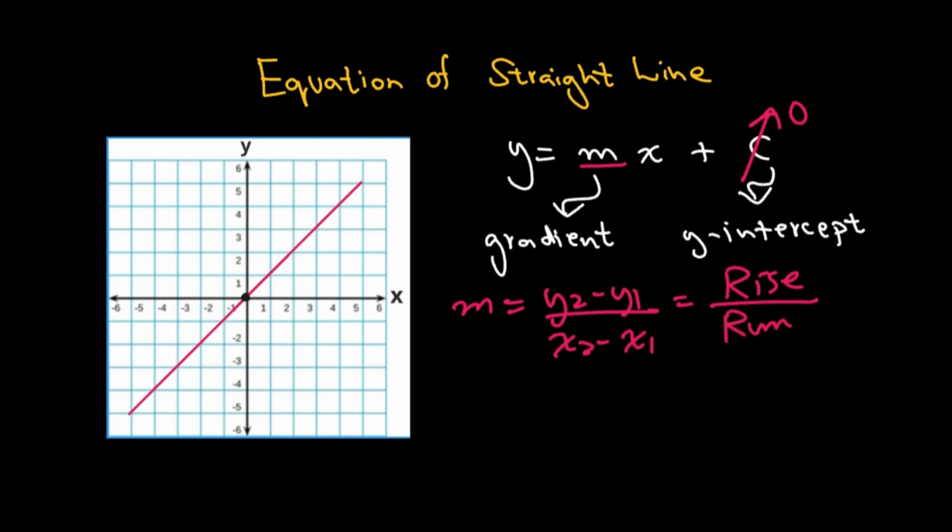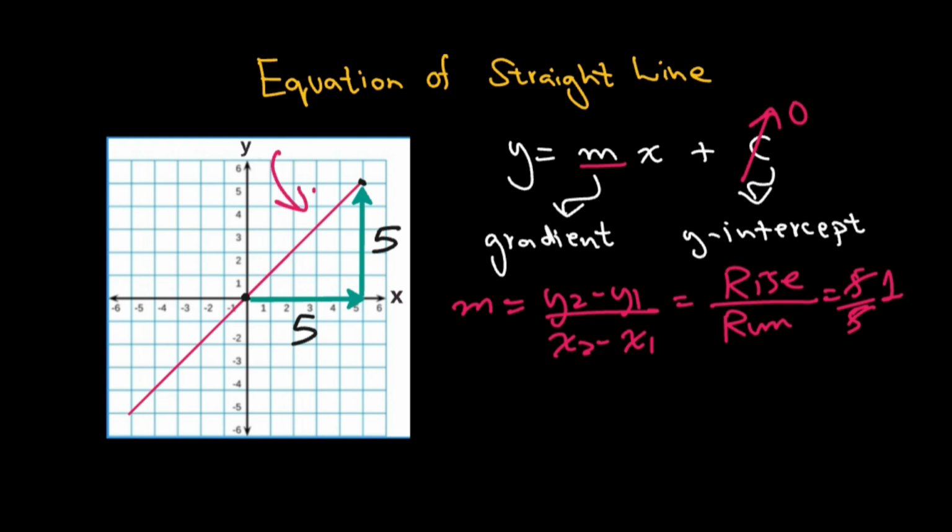If I am choosing the coordinates (0, 0) and (5, 5), then we have a rise of 5 and a run of 5. So the gradient becomes 5 over 5, that is equal to 1.